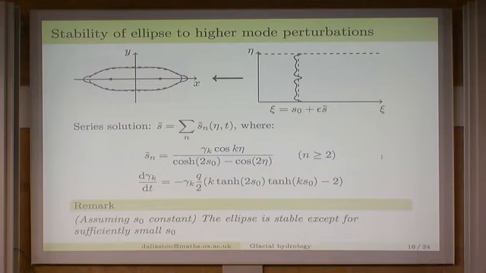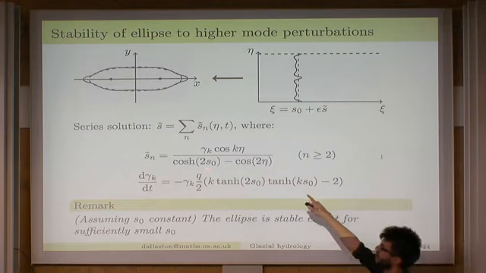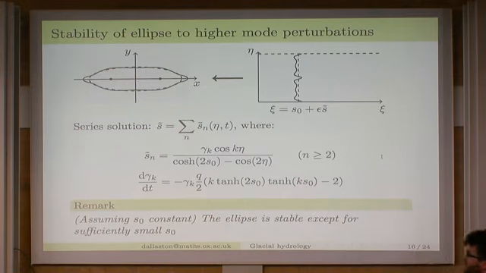It's this ellipse in time, but you can actually write down an exact series solution, where S tilde is my perturbation to the ellipse in elliptic coordinates. You can write it down in terms of a series, where the terms in the series look like this. What this term in the denominator comes from is the square of the scaling factor when you convert to elliptic coordinates. So it's quite important.